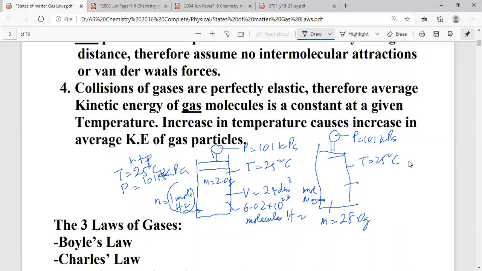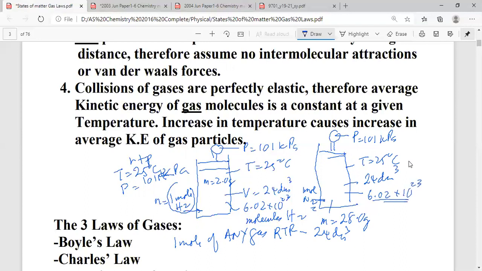The volume occupied is the same because, according to the law, this gas is also 24 dm cube. 1 mole of any gas at RTP occupies 24 dm cube. Any gas. See, the gas particles here are heavier, N2, and the number of particles is the same, 6.02 times 10 to the 23. So the number of molecules here is the same.